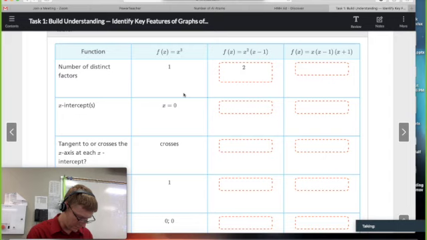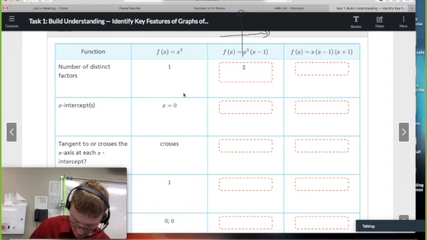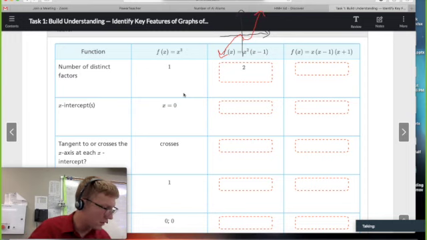Pardon me while I zoom in. So real quick sketch of what I'm looking at. You've got kind of something that comes down, up, and then back down like that.